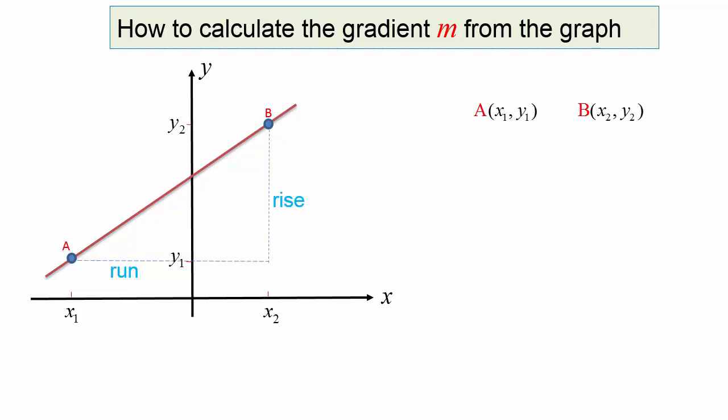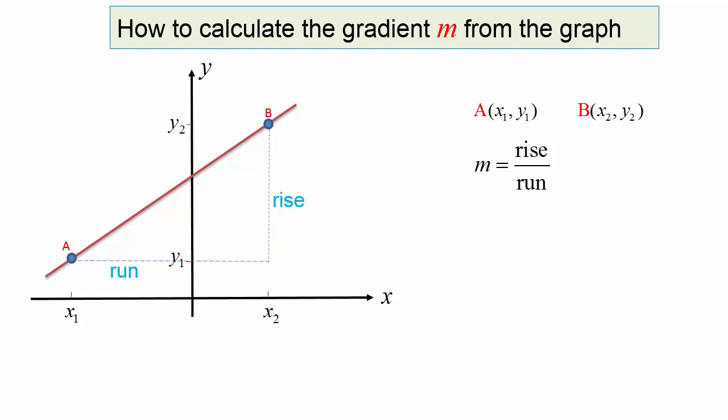The next step, imagine a right-angled triangle drawn underneath the line segment AB. The horizontal component or part of the triangle we call the run. The vertical side of the triangle is the rise. And from that definition, we can write down that the gradient of the straight line is equal to the rise divided by the run.